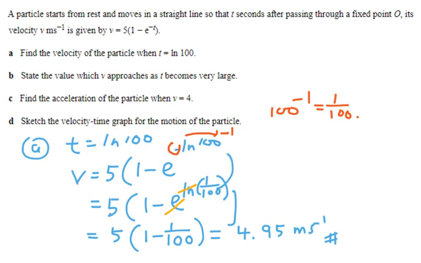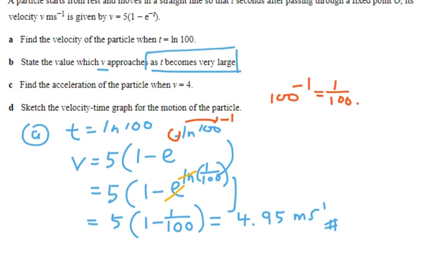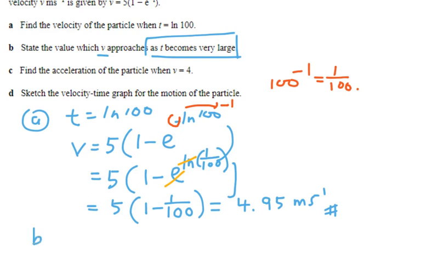State the value of v when t becomes very large. Okay, look at the equation of v, where velocity is equivalent to 5(1 - e^(-t)).